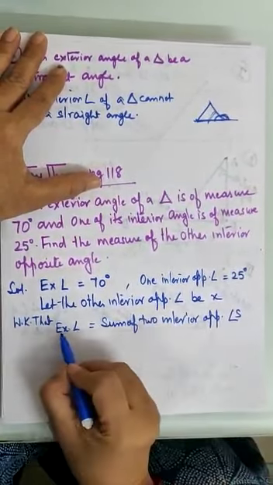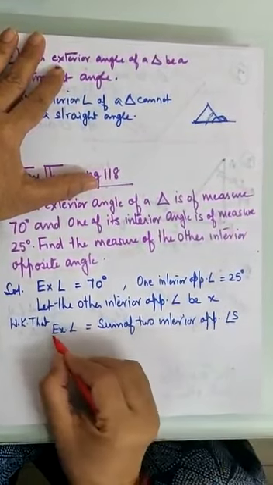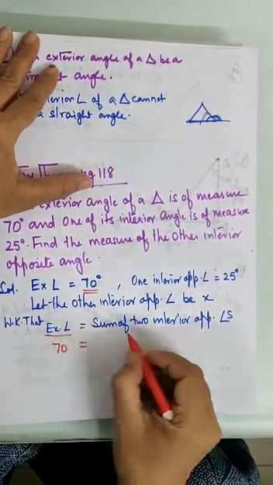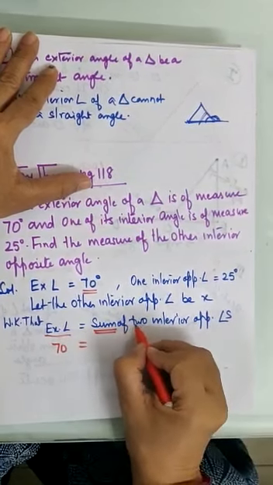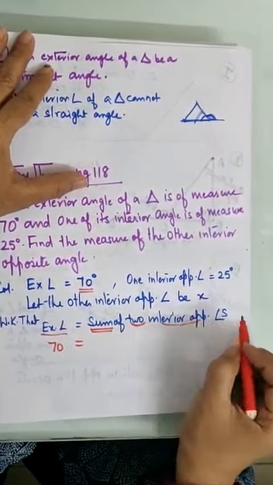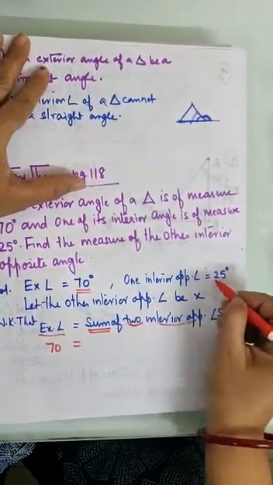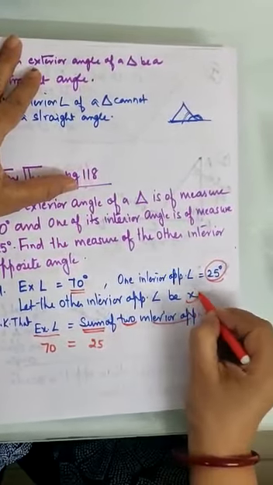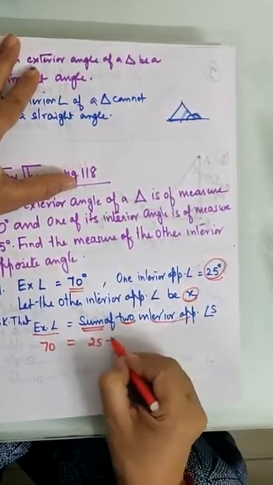The exterior angle is 70. We write here 70 equal to the sum of two interior opposite angles. One interior opposite angle is 25, you write here 25. The other interior opposite angle is x, you write here x.